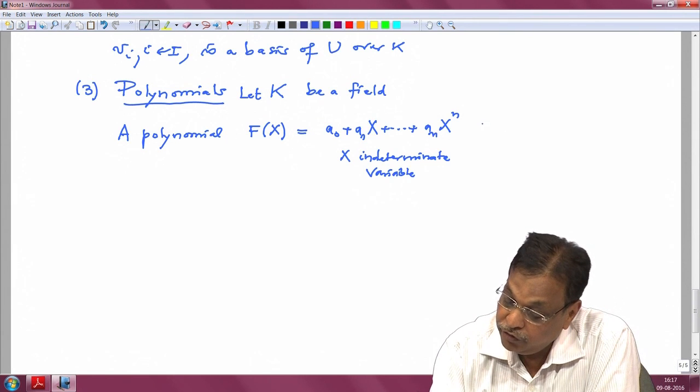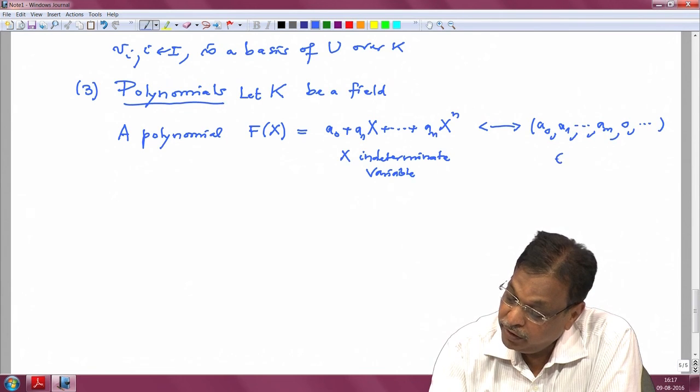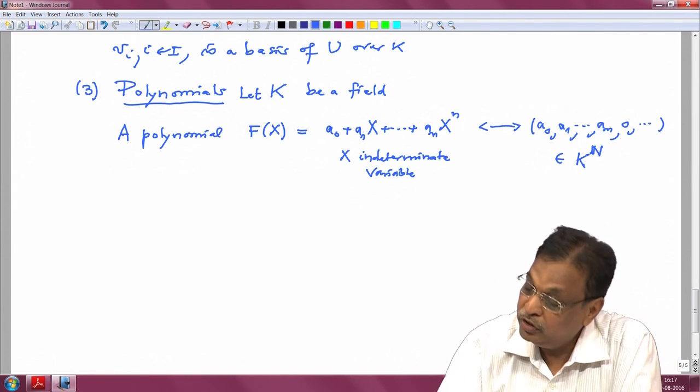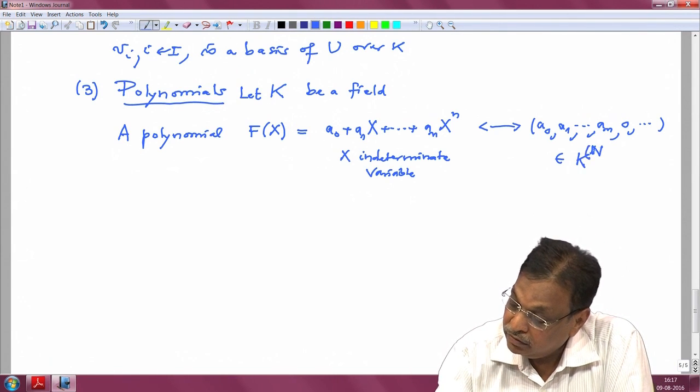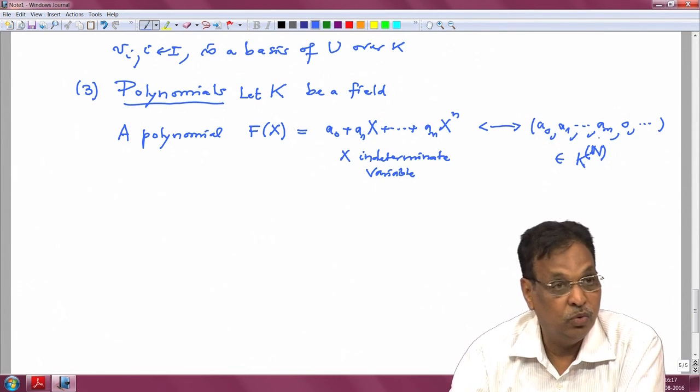One can also think of them as a vector (a0, a1, ..., an, 0, 0, 0, ...) because I want to think of this as an element in k power (n). Note that only finitely many terms could be non-zero.